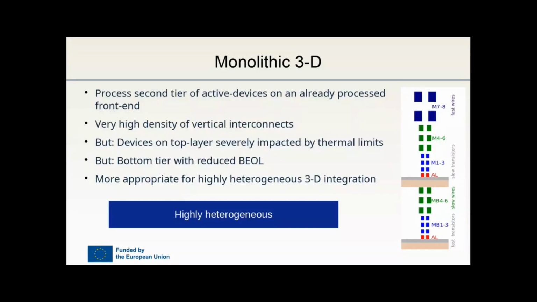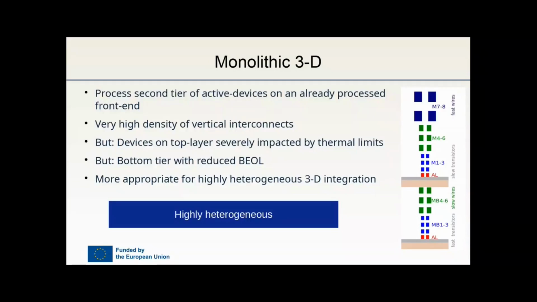We can try to model that just assuming that the 2 tiers have different technologies. The second fundamental limitation is that since we want to connect the lower tier with the upper one with a fine pitch, the amount of wires that we can use there is much more limited.